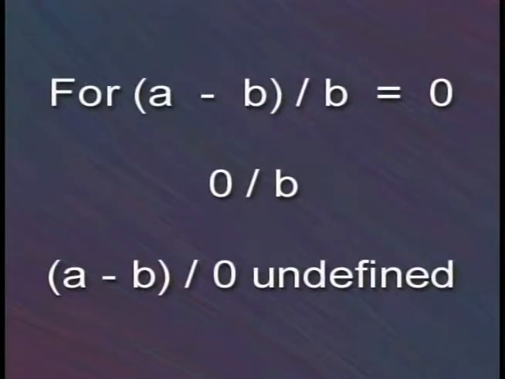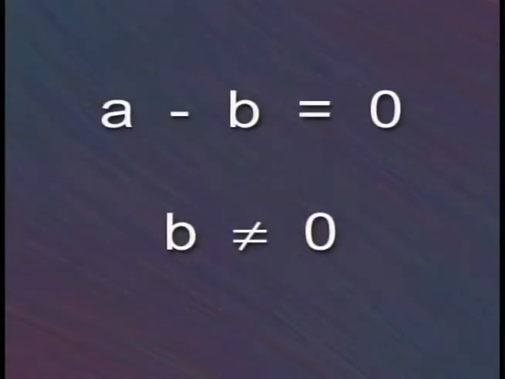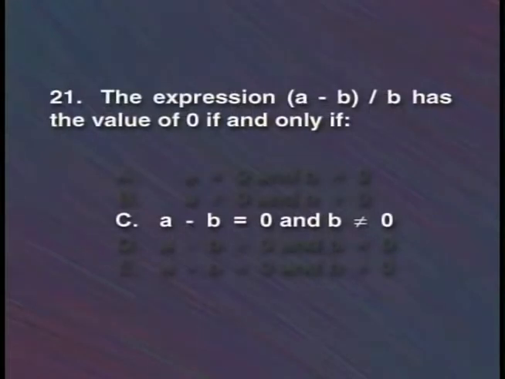The denominator of a fraction cannot equal 0 because division by 0 is undefined. For this expression to have the value of 0, a minus b must equal 0, and b cannot equal 0. The option that specifies these two conditions is C. The correct answer is C.